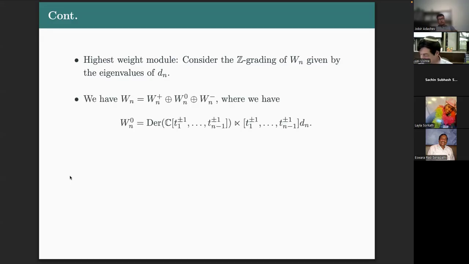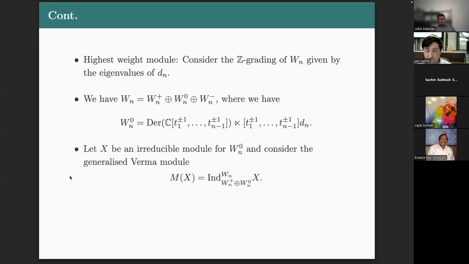If you consider the Dn eigenvalues, then you will have a nice triangular decomposition, whose 0th part is nothing but the n minus 1 analog of the Witt algebra direct sum, analogous to the n minus 1 Laurent polynomials. And then you analogously define it: you take X to be an irreducible module for Wn0 and consider its generalized Verma module.